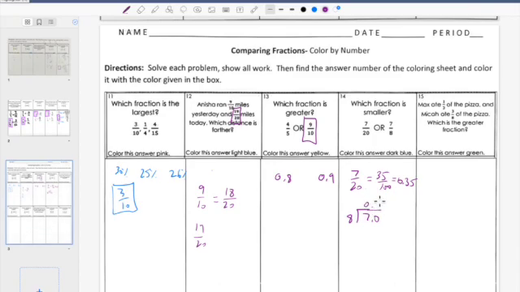Okay, so 8 times 8 is 64. 7 times 8 is 56. And 8 times 5 is 40. So 0.875 versus 0.35. Clearly, this one is smaller.